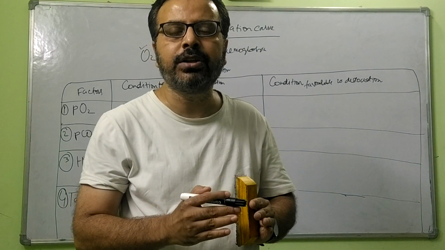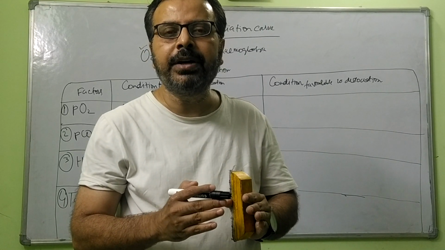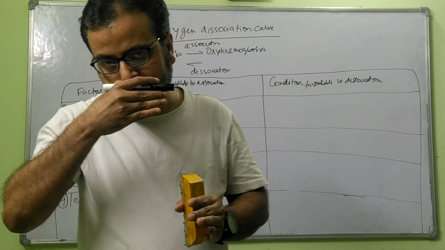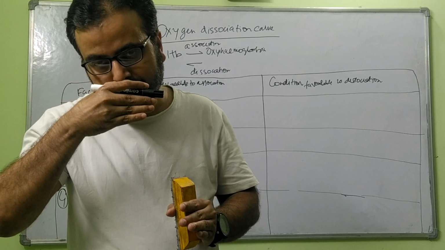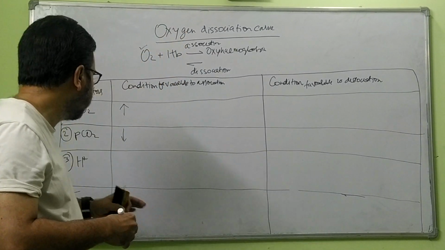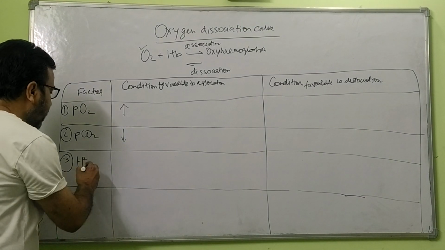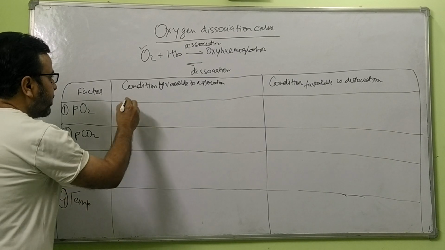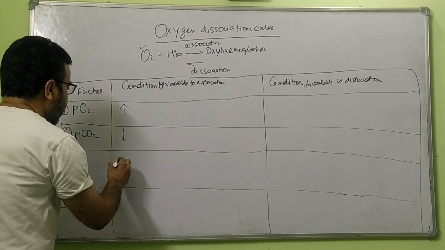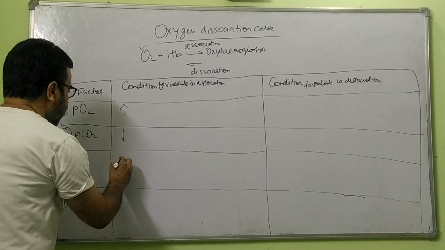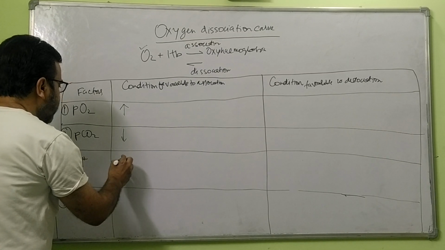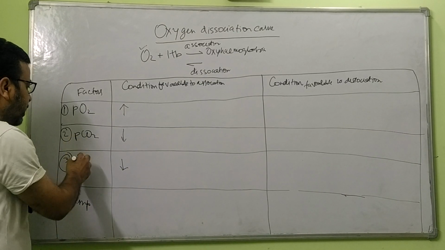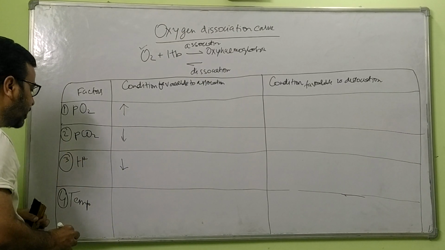It is equivalent: more CO2, more hydrogen ion. Similarly, less hydrogen ion is a favorable condition for the association reaction, as is the case with PCO2. So these are the equivalent factors, PCO2 and hydrogen ion.